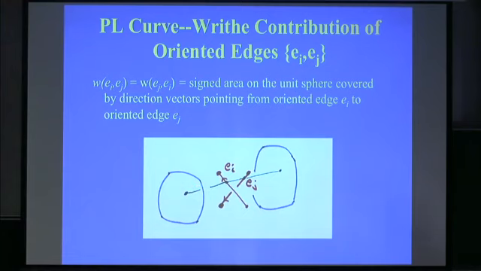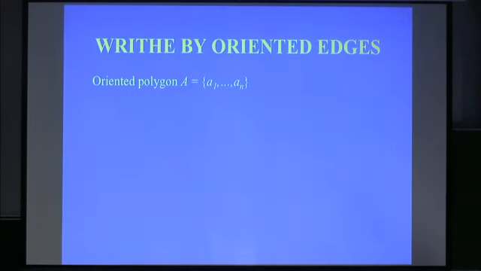A lot of the time you won't see anything, but if you do see a crossing, you'll have a fixed sign, and so that'll give you an open set on the 2-sphere that you can assign a signed area, with the sign being the sign of the crossing. And antipodally, since looking at it this way is the same as looking at it this way, you'll have a pair of antipodal open sets, and you just add up the areas, and it's got this sign, in this case, a plus sign. So that gives you a value. It's the signed area covered by crossing directions where you see a crossing for these two edges.